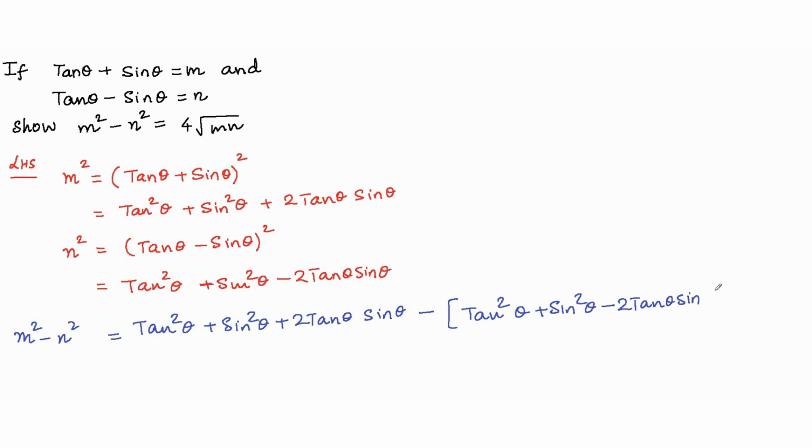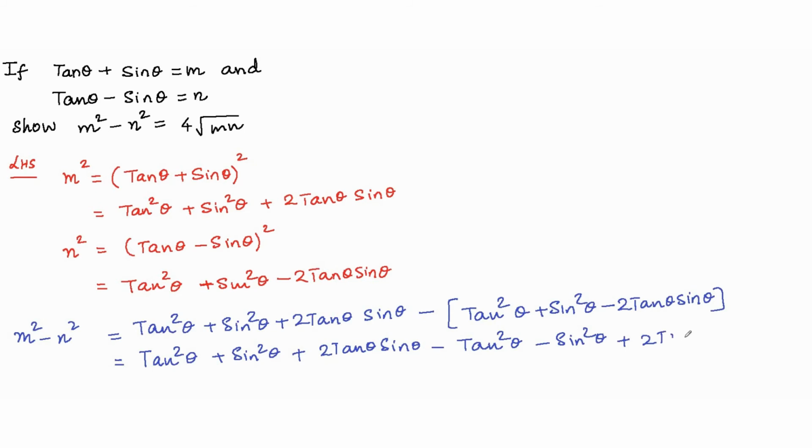So this is the value of m square minus n square. Let's open up the brackets. So we get tan square theta plus sine square theta plus 2 tan theta sine theta minus tan square theta minus sine square theta plus 2 tan theta sine theta.